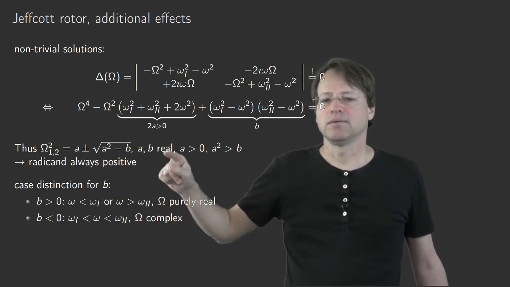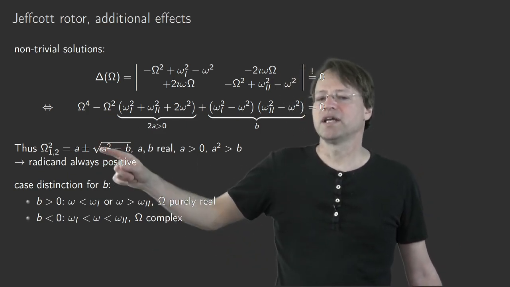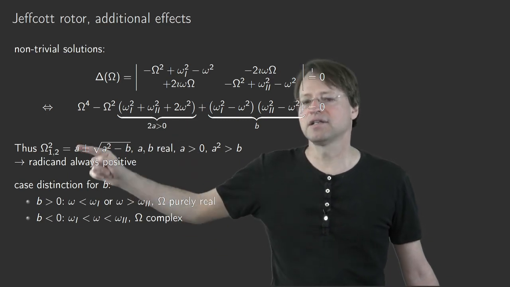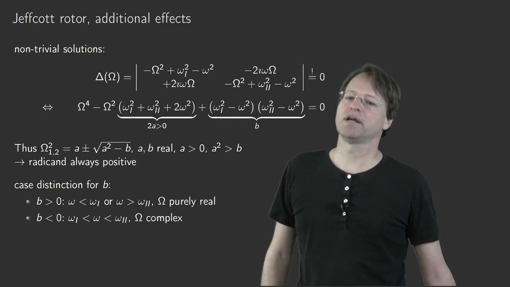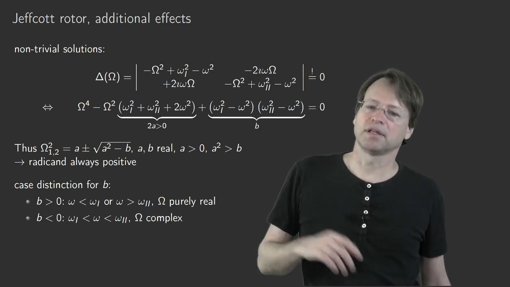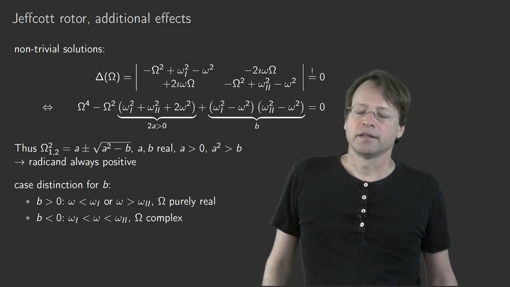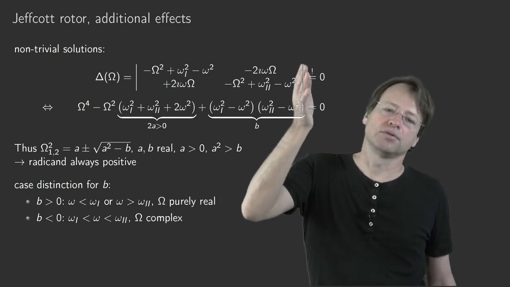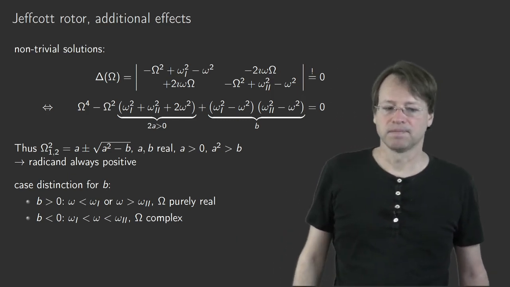So this term here will be larger than a. And due to the negative sign, you arrive at a negative solution for omega squared. Taking then the square root leads to something that is imaginary, and this really destroys the solution in the sense that your amplitudes tend to infinity, exponentially increasing amplitudes here.